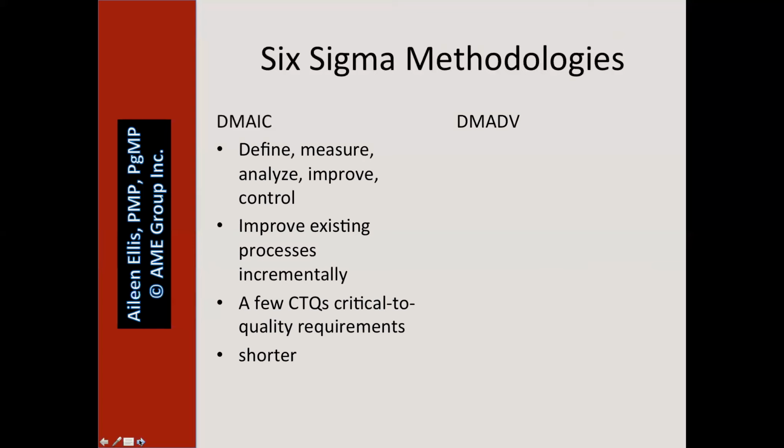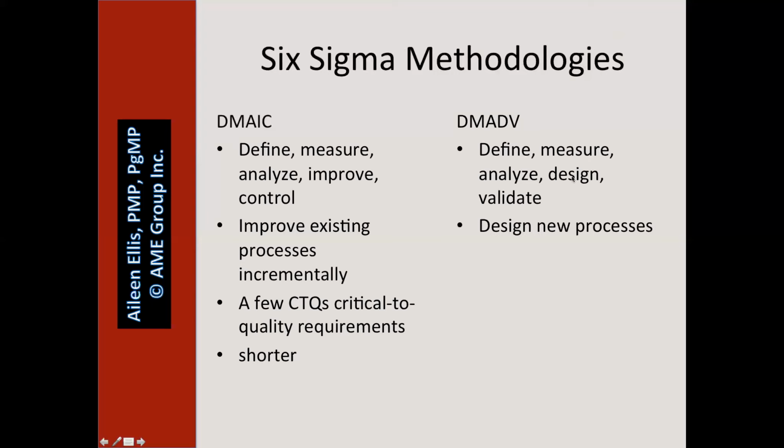The question was asking about DMADV, define, measure, analyze, design, validate. I think a key word on the left side is the word improve, improving an existing process. On the right side, a key word is design, designing a new process. We look at all CTQs.